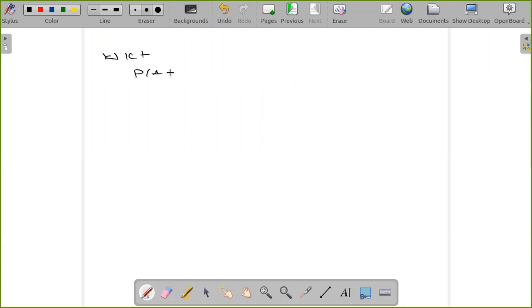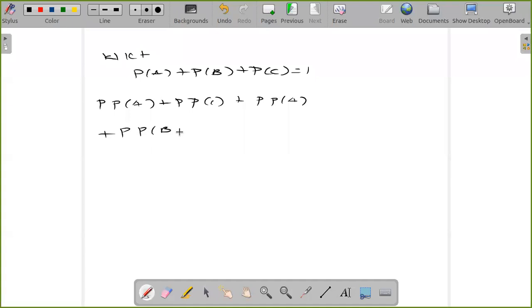P of A plus P of B plus P of C is equal to 1. We know what P of A is: from equation 1, P into P of A plus P into P of C. What is P of B? P into P of A plus P into P of B. What is P of C? P into P of B plus P into P of C is equal to 1, right?